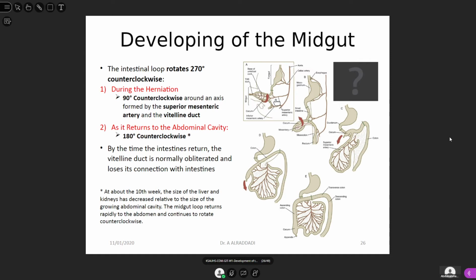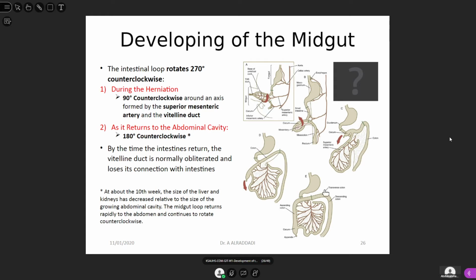It returns at about week 10, when the size of the liver and the kidney has decreased in relation to the size of the abdominal cavity. So it returns with a 180-degree counterclockwise rotation. By the time the intestine returns, the vitelline duct is normally obliterated and loses its connection with the intestine.